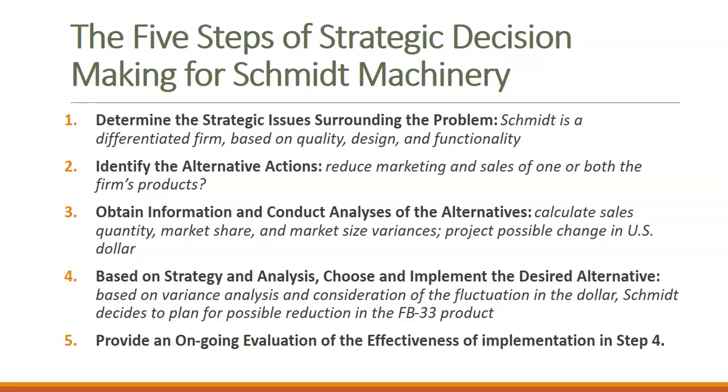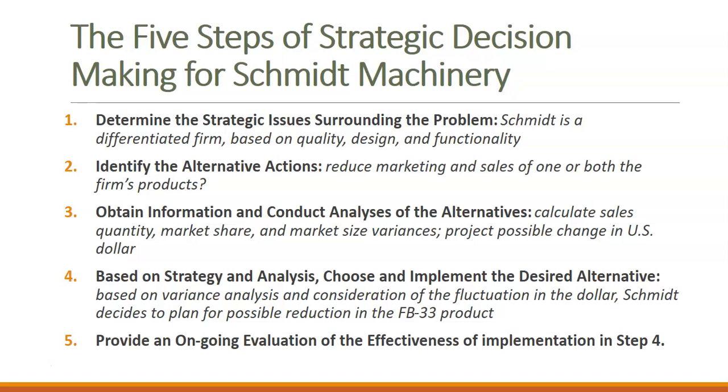So one of the things that we're looking at is whether or not we should reduce one or both of the firm's products. So when we're trying to decide whether or not we want to change our product mix, we want to look at our sales quantity, the market share, our market size variances, and any possible changes that might be happening in the market.